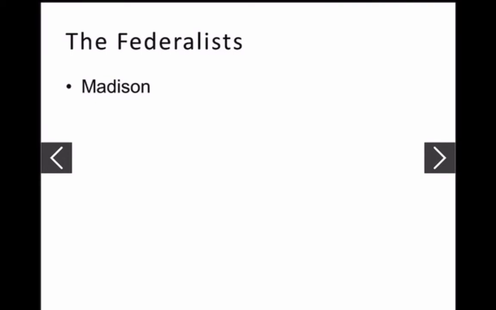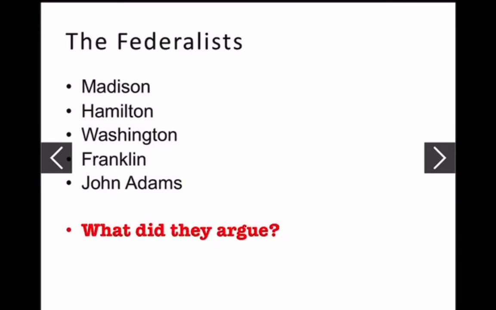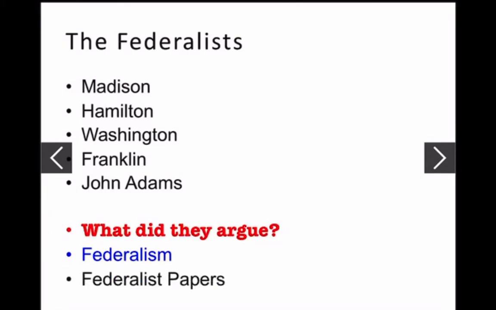These Federalists are James Madison, Alexander Hamilton, George Washington, Benjamin Franklin, and John Adams. Okay. Now, what they are essentially arguing here is for federalism. Now, federalism is a philosophy of government in which the states and the nation share the responsibility of government, right? So that no group can dominate each other. And so they're really going to push for the Constitution as is.